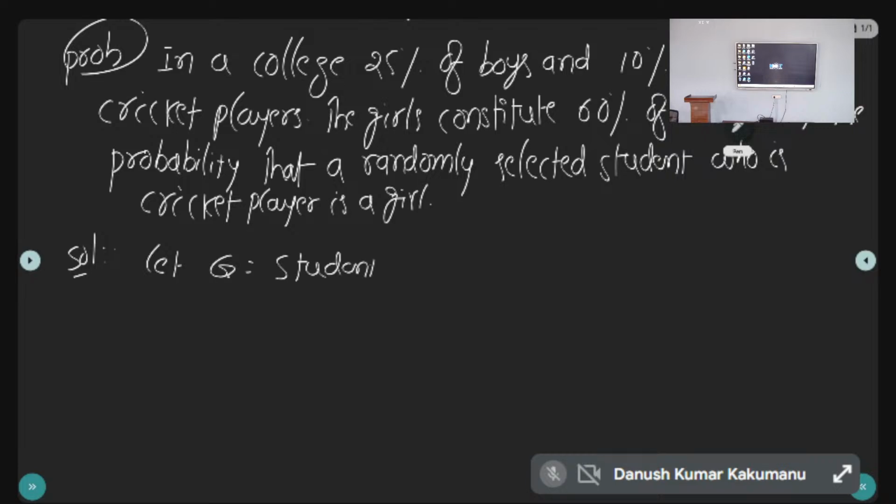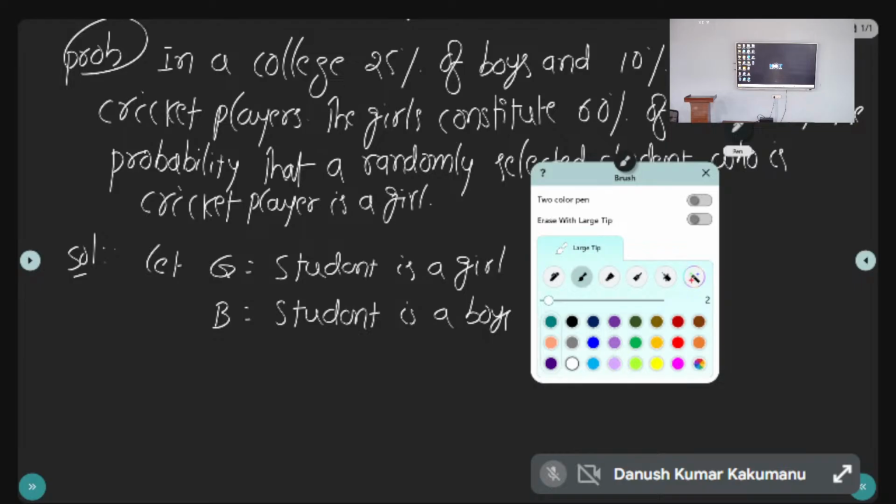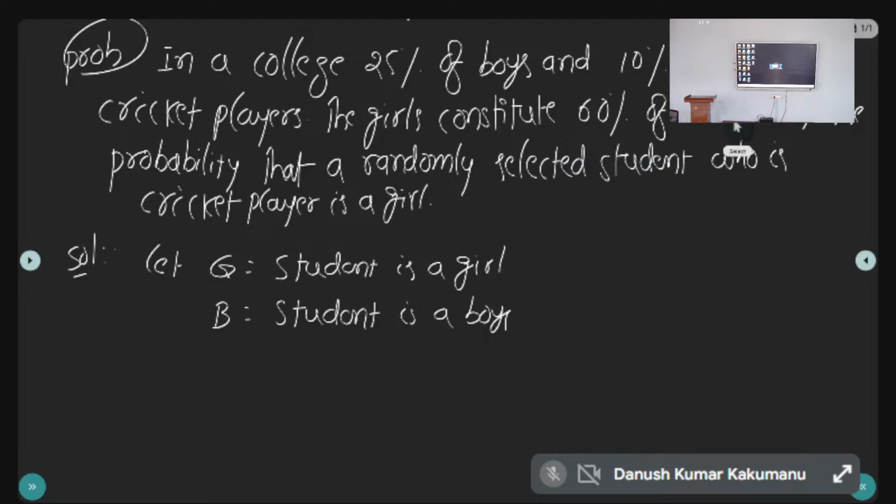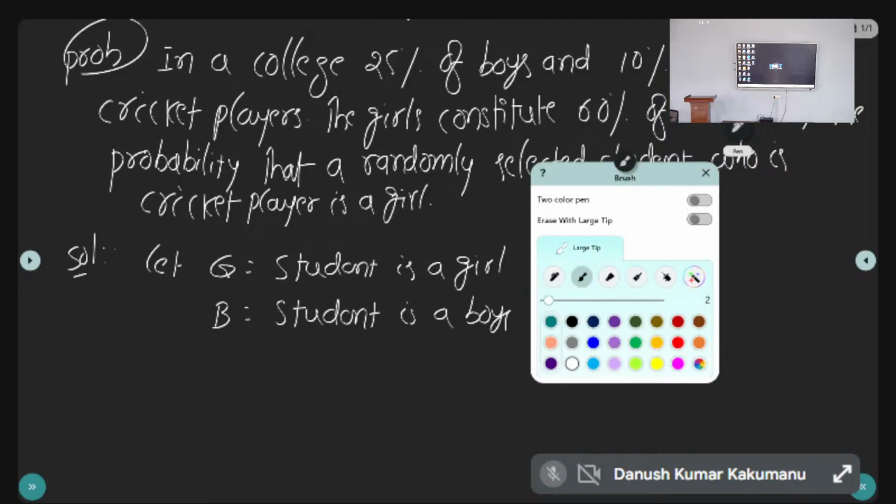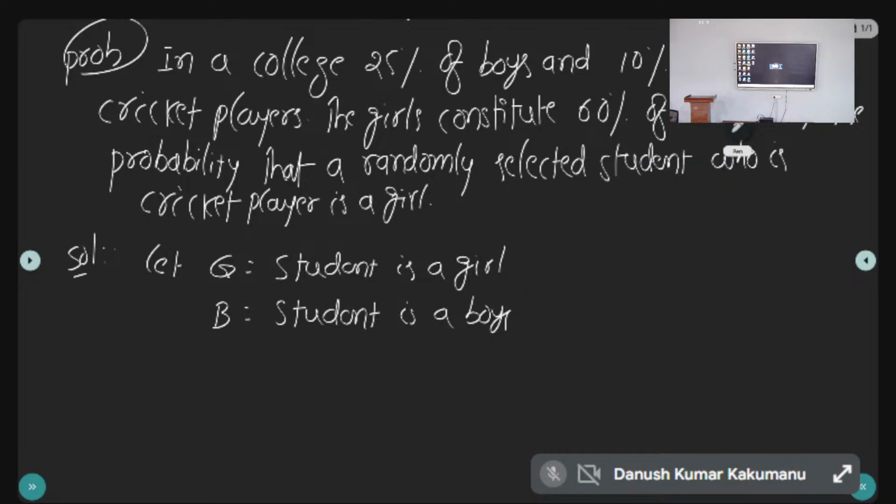B is the event that the student is a boy. C is the event that the student is a cricket player.